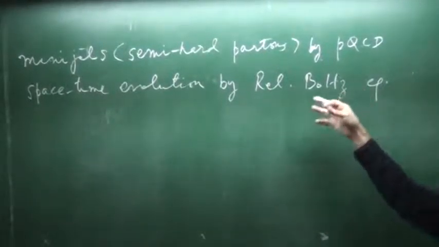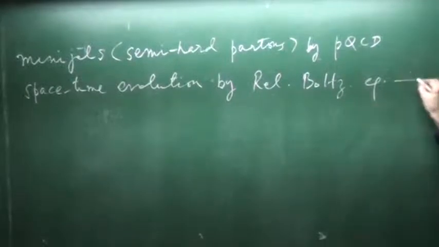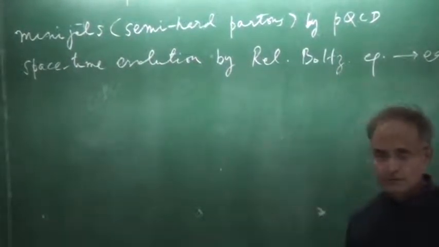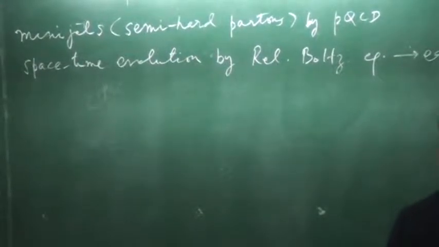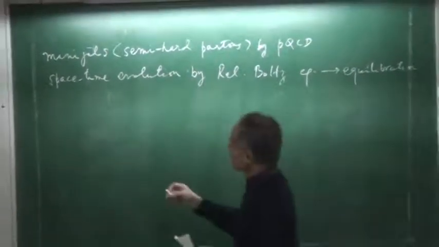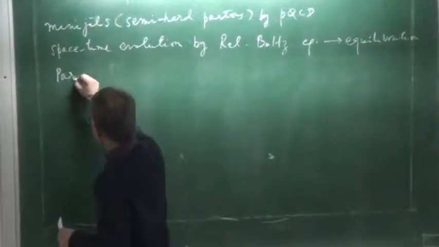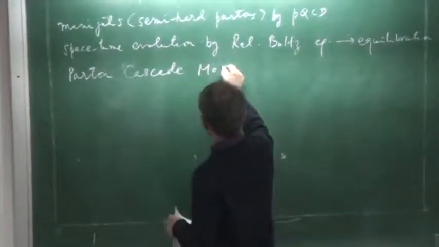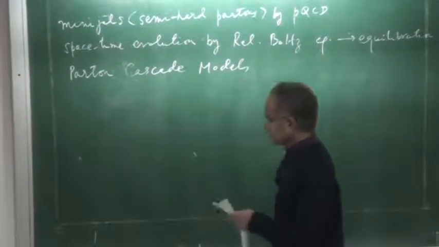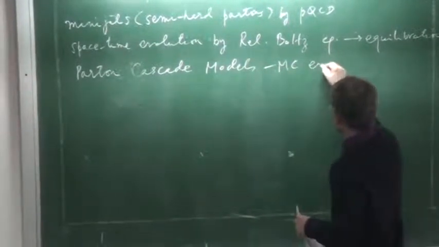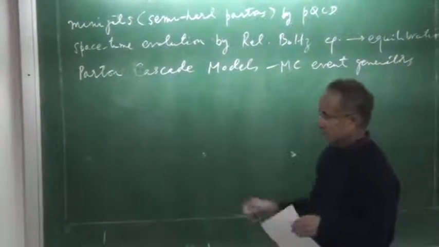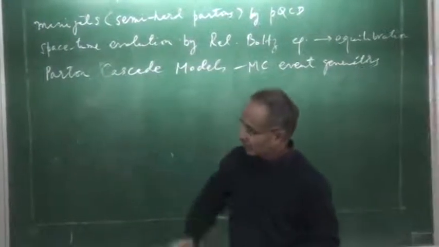And that tells you how the equilibration is reached. If you let the system evolve as per Boltzmann equation, eventually if there are enough collisions, the system attains equilibrium. So these are sometimes called parton cascade models, Monte Carlo event generators. This is one class of models, which I am calling incoherent models.